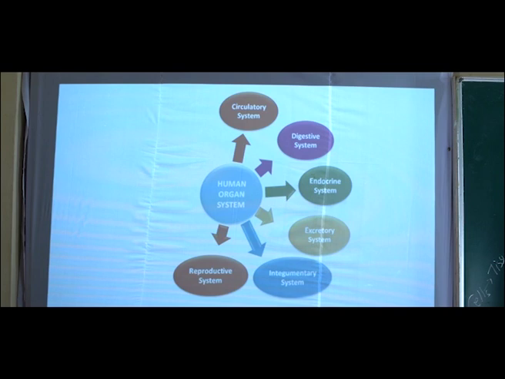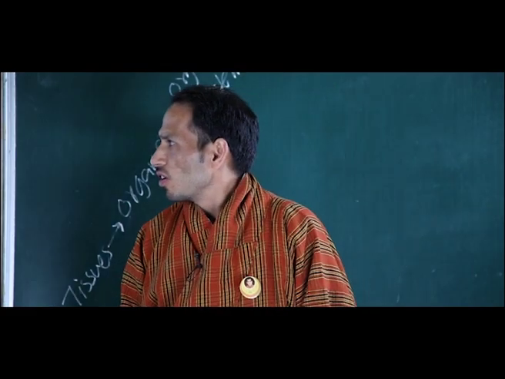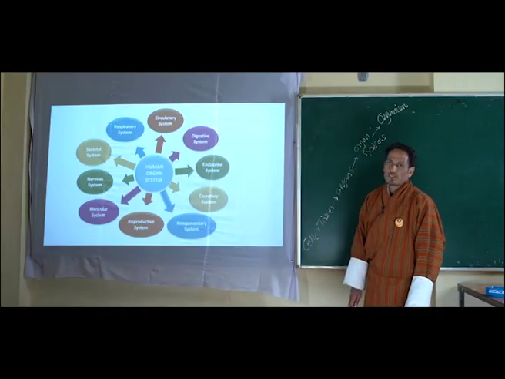Sixth, the reproductive system, followed by the muscular system, nervous system, then the skeletal system, and finally the respiratory system. In this lesson, we'll focus more on the digestive system.